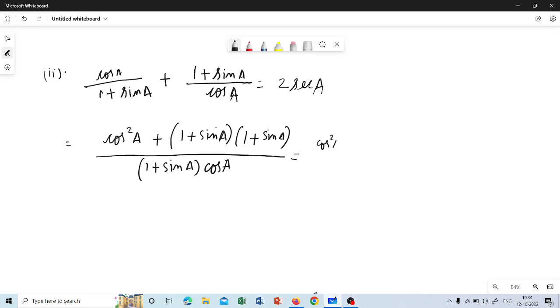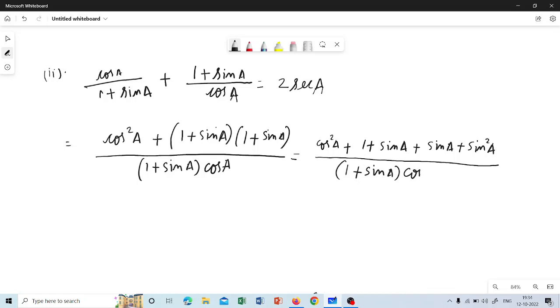So cos square A plus 1 into everything again, same thing will repeat. 1 plus sine A, plus, now I'll write sine A plus sine A into 1 plus sine A into sine A is sine square A. So these are the terms we got, and then 1 into 1 plus sine A, so this is what is there, 1 plus sine A into 1 plus sine A into cos A. So the denominator we are not touching for the time being.